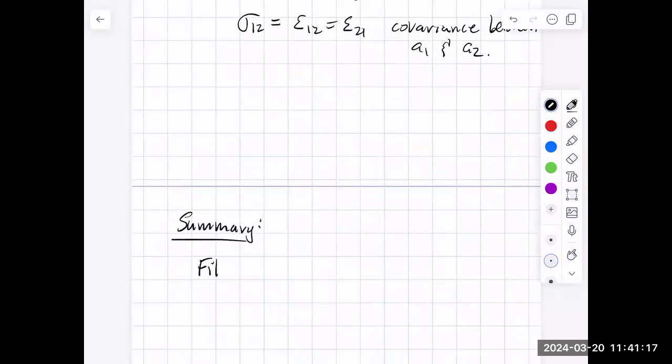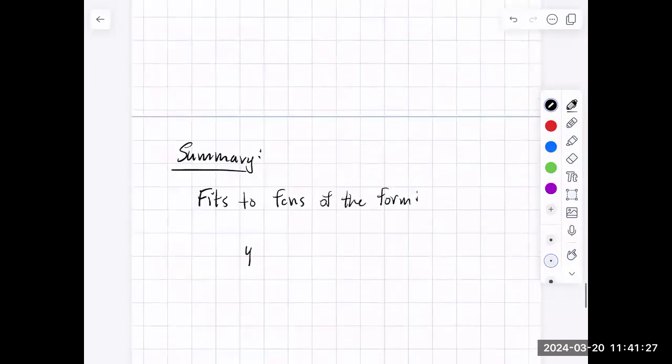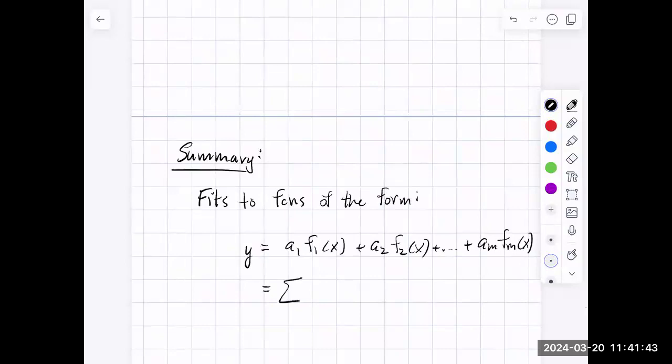So, fits to functions of the form y equals a1 f1 of x plus a2 f2 of x plus and so on to am fm of x, which is the same thing as the sum of k equals 1 to m of ak fk of x.